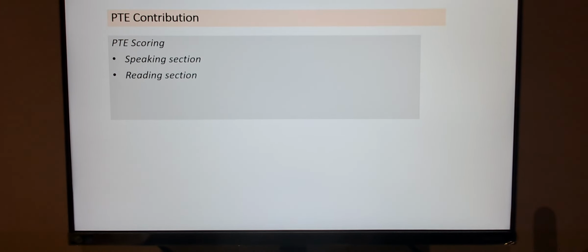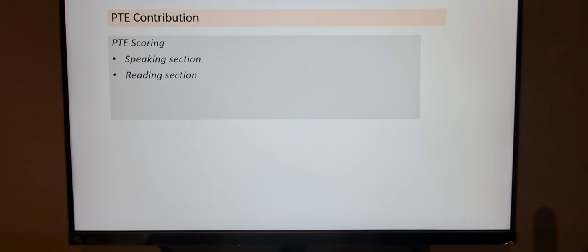scoring. So yes, the read aloud section definitely contributes. It's a major contributor in your speaking and your reading module. Now, I feel most of you clear the speaking section. Maybe there are some who have issues in that, but the majority of people clear the speaking section, and now the reading section is the one where people find a challenge.